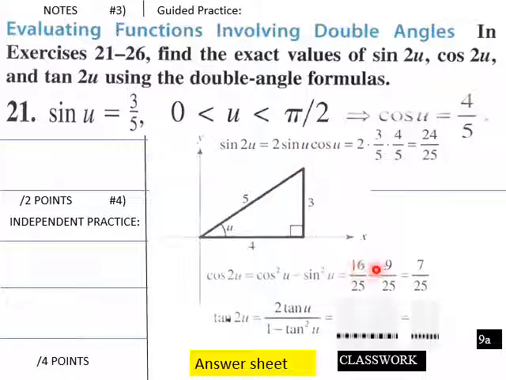Once we combine these two values, we get 7 over 25. And then tan 2u would be 2 tan u over 1 minus tan squared u. We plug our values in now. We get 2 times 3 over 4, over 1 minus 9 over 16. And that'll yield us 24 over 7 for tan 2u for this triangle.